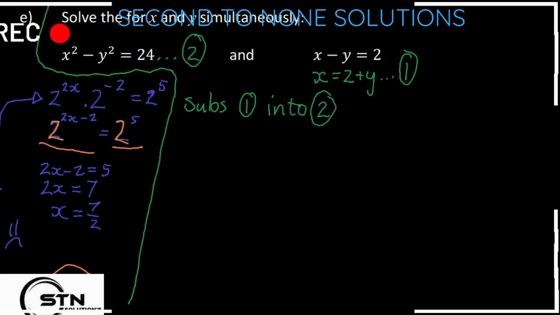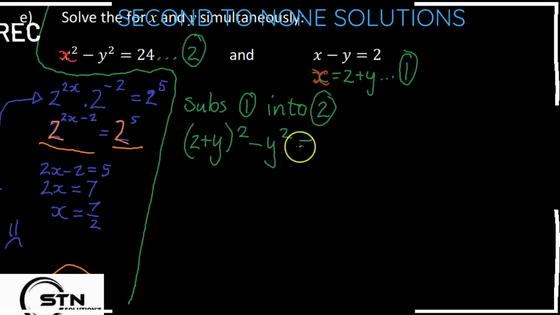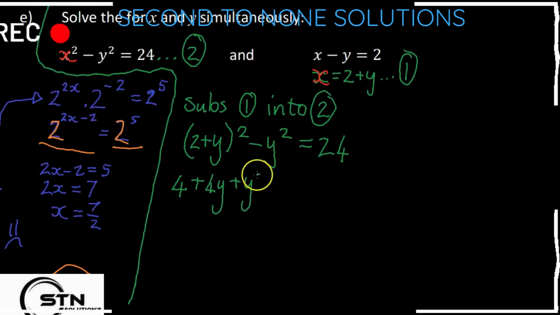So that means everywhere where I see an x, I am going to replace it with 2 plus y. So I've got 2 plus y squared, and that's in place of the x, minus y squared is equals to 24. Let's square a binomial, so that's going to be 4 plus 4y plus y squared minus y squared is equals to 24, and that is beautiful because y squared minus y squared is 0.